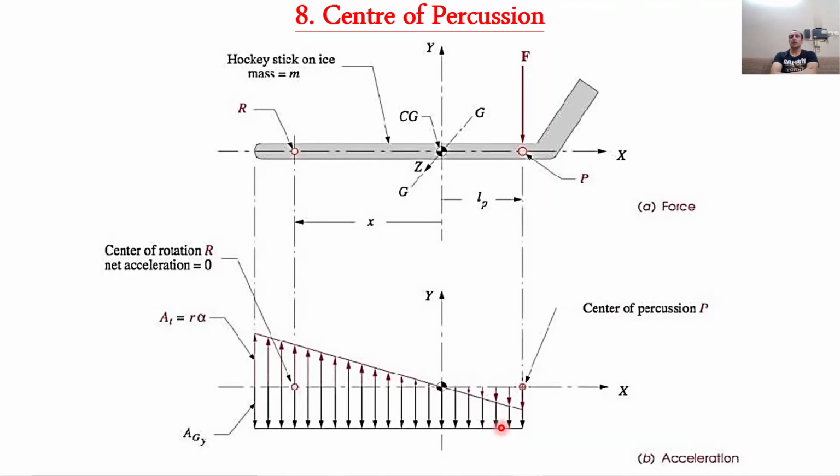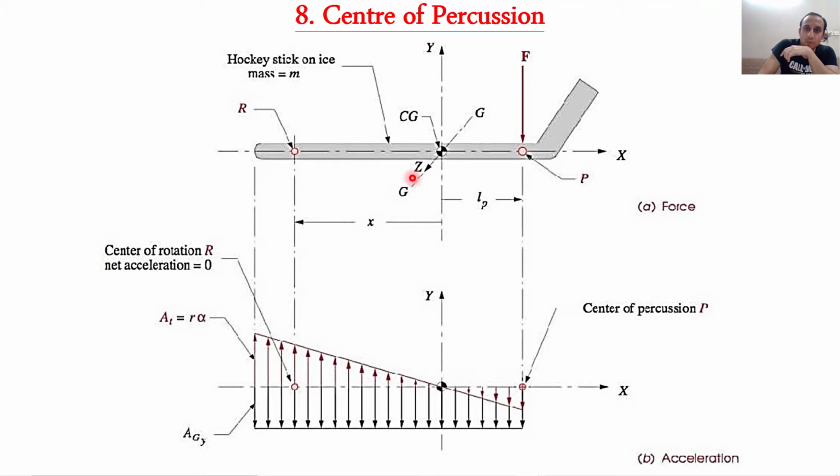Okay, so in this diagram there are two types of arrows. One are the black arrows and the other are the red arrows. These black arrows facing downward show the linear acceleration. Linear acceleration of what?